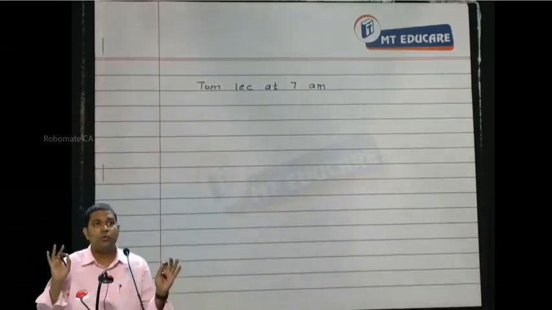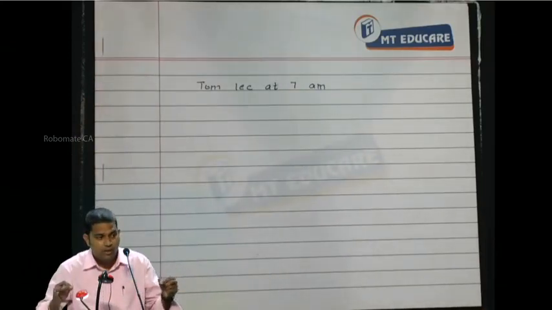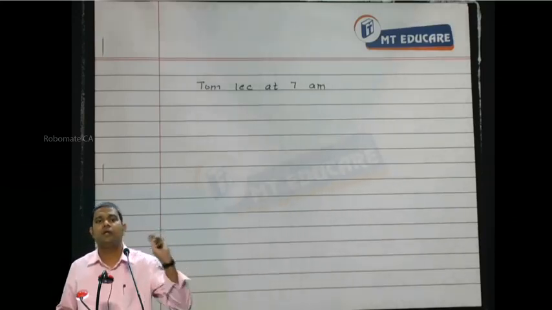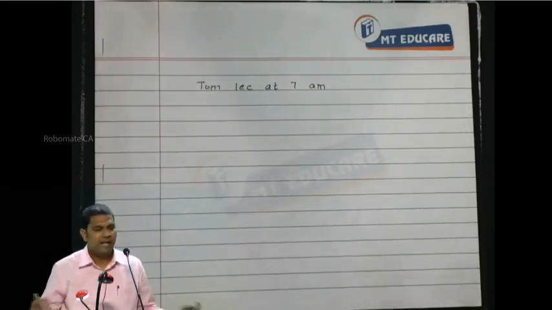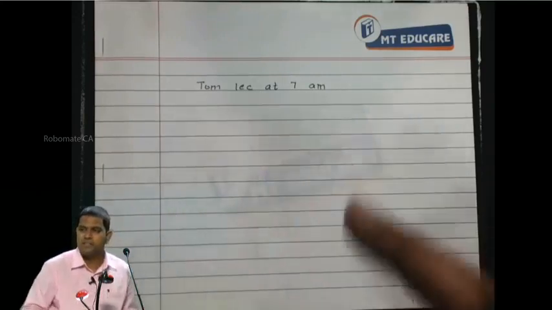I want only those students who have attended the morning lecture. I'll take only those students in the next lecture. But that cannot happen because everyone will be getting this message.